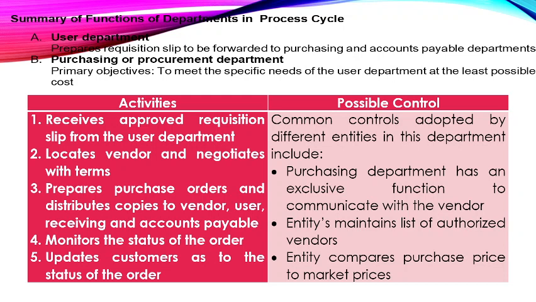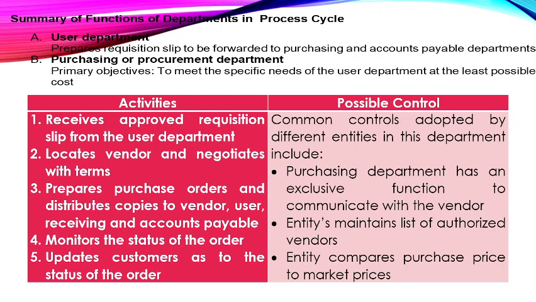It receives the approved requisition slip from the user's department, locates vendors and negotiates terms, prepares the purchase order and distributes copies to vendors, users, receiving, and accounts payable, monitors the status of the order, and updates the customer as to the status of the order.